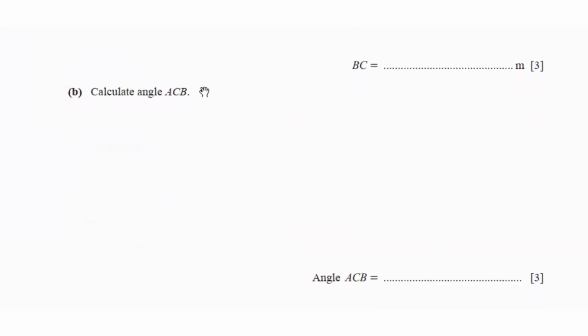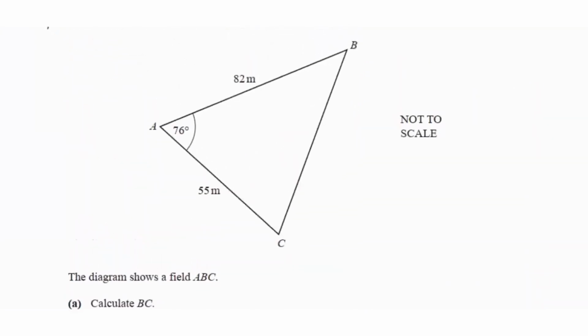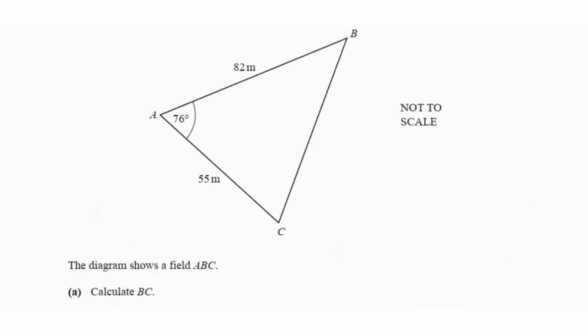It says calculate angle ACB. So ACB is this angle. For this, we already calculated BC, which is 87. We can see that we have one angle and its corresponding length, and for the other, we have a length and we have to find the angle.